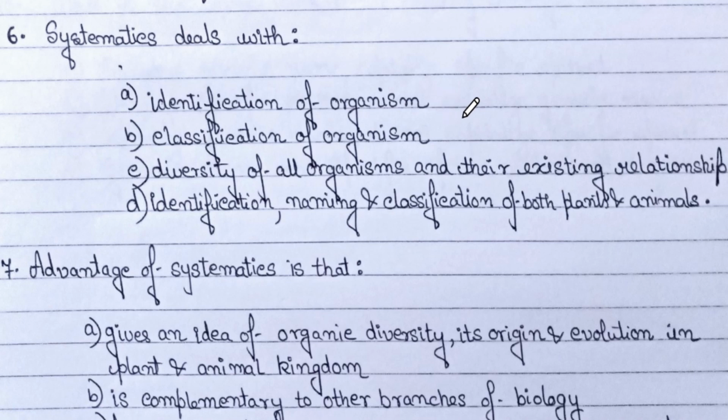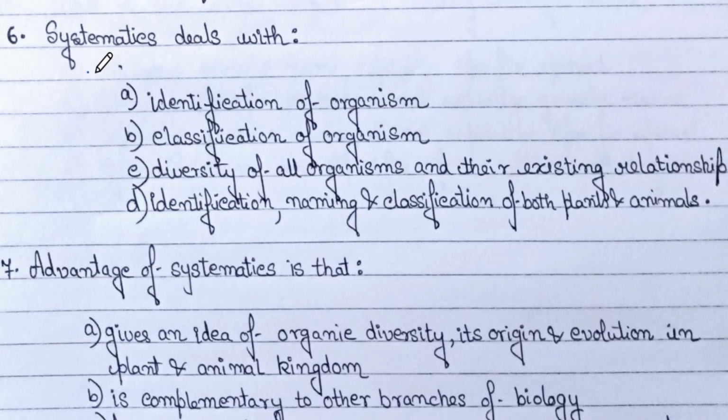So systematics deals with option number 1, identification of organism. Option number 2, classification of organism. Option number C, diversity of all organisms and their existing relationship. Option number D, identification, naming and classification of both plants and animals.